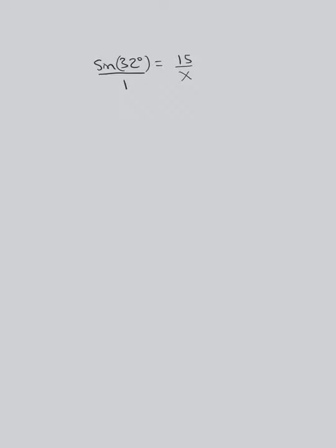So remember what we can do. We can equate the cross products. Just to remind you of what the cross products are: if you really need to, you can calculate this and fill in the decimal if this is really bugging you. But just remember, this is a single number. So our two cross products are this sine of 32 and x, and then this 15 and the 1.